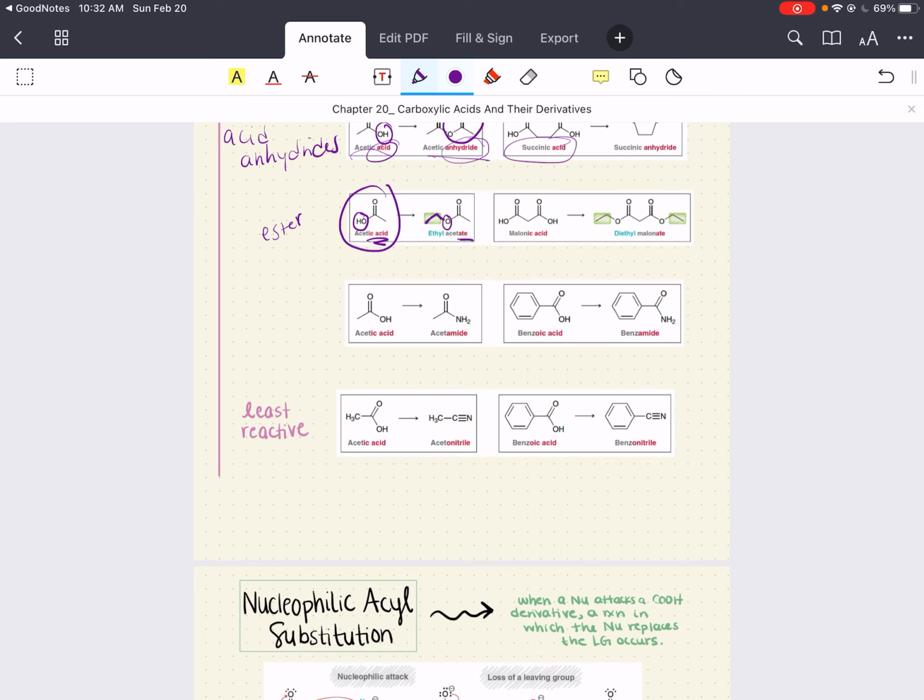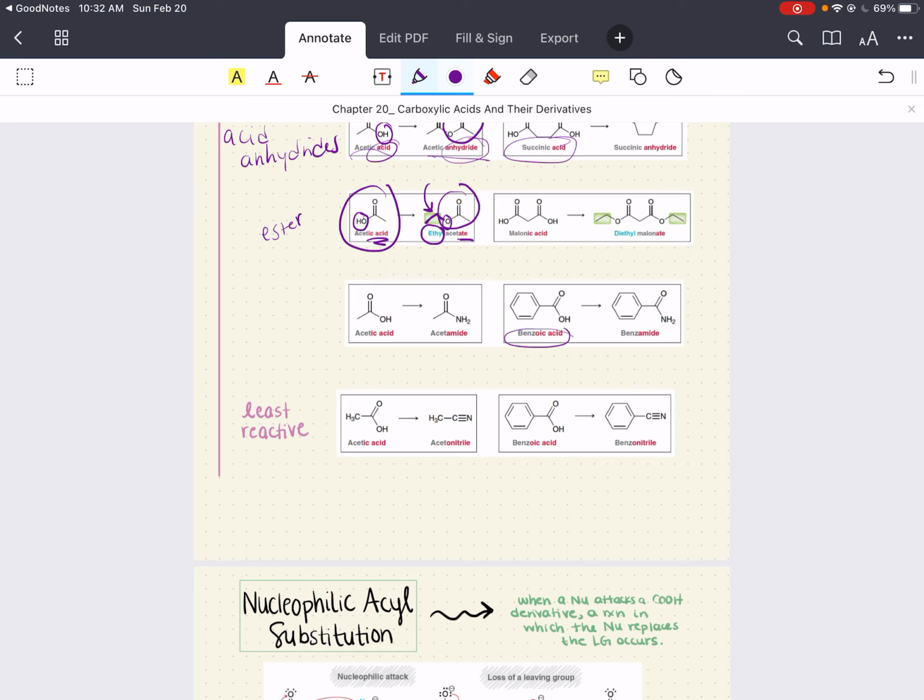So we're going to change the naming of this to first state what the alkyl group we are attaching is called. Here, this is a 2-carbon alkyl group, so this is going to be ethyl. And then we're going to change the name to acetate to indicate this newly formed ester derivative.